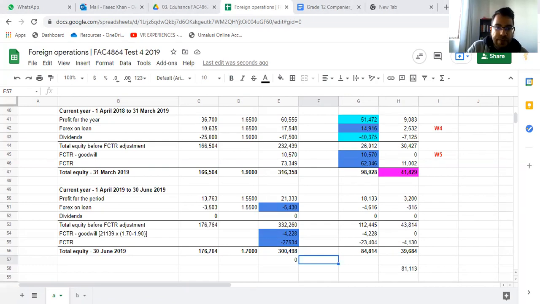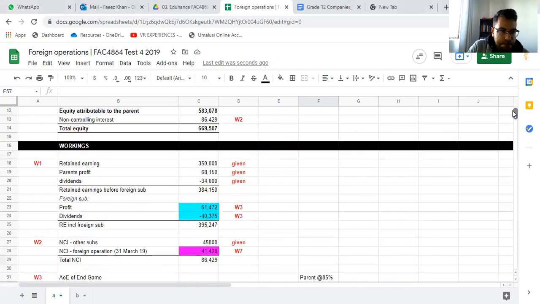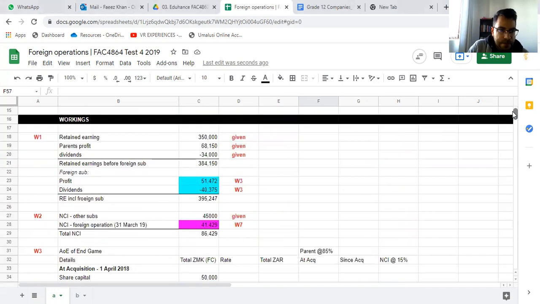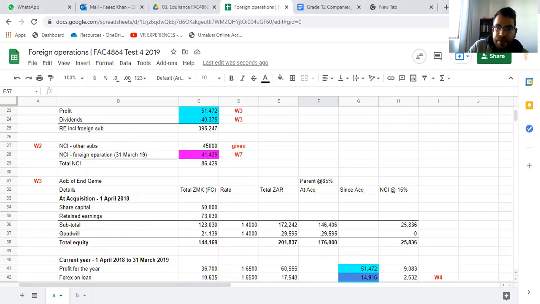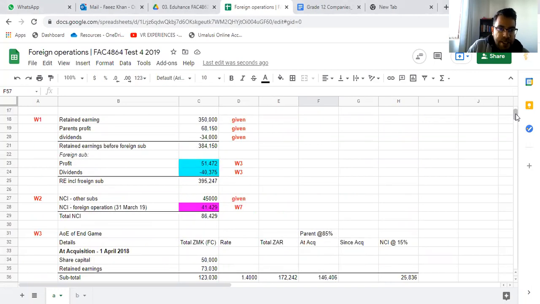So in part A, let me just see if we can find it in our working over here. So here you can see opening retained earnings relating to the subsidiary is at 11,097. It was the profit for the year less the dividends. So it's 11,097. Okay.